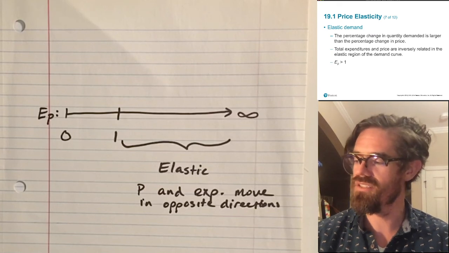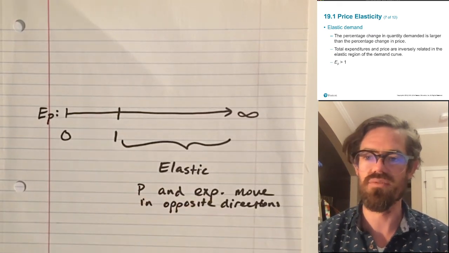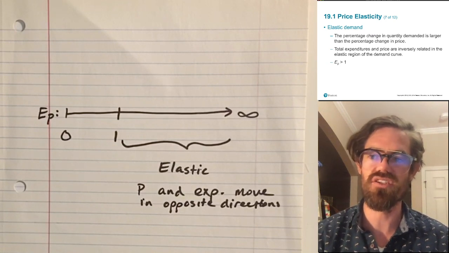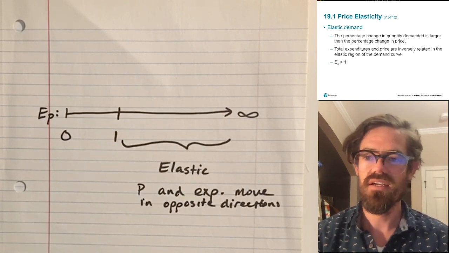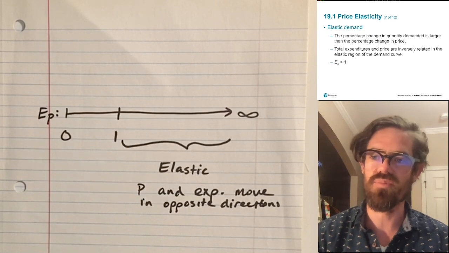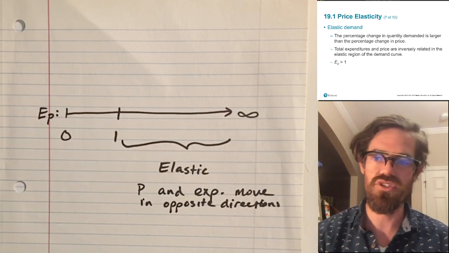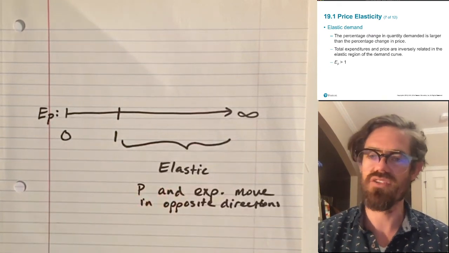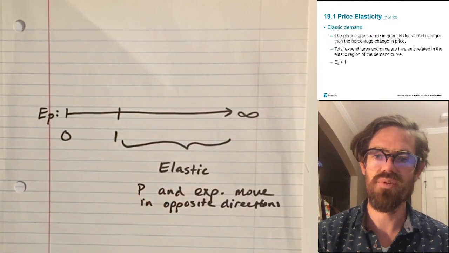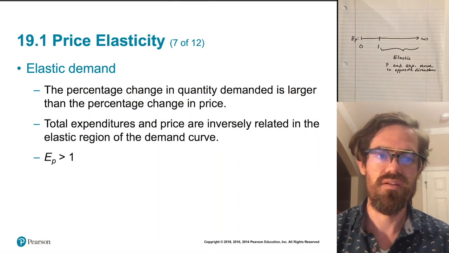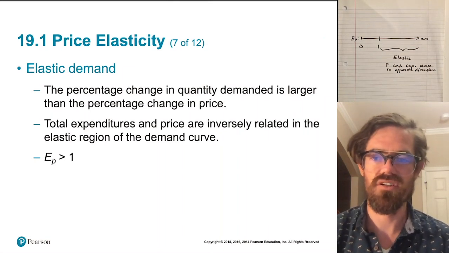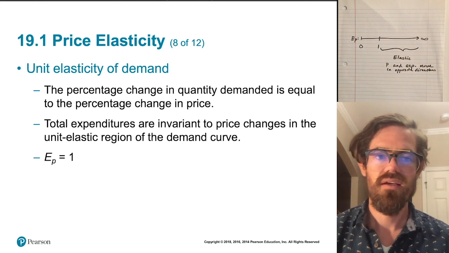And so that's why price and expenditure are inversely related, because you're really responding strongly to the price change. And so if price goes up, even just by a little bit, you're going to very strongly respond to that, reduce your consumption, and therefore spend less money on it, even though the price went up, right? So that's what it means when demand is elastic and total expenditures and price are inversely related.